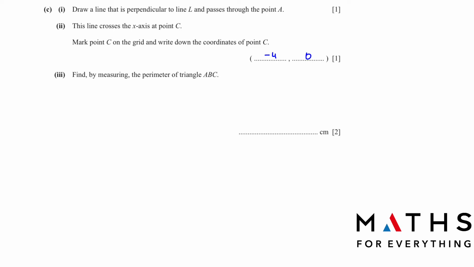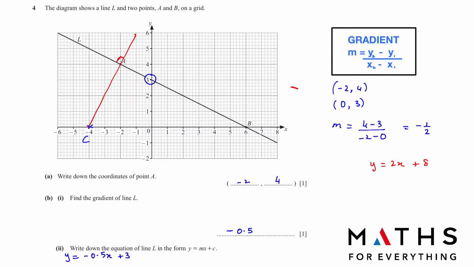Next, we have find by measuring the perimeter of triangle ABC. Okay, so we need to measure this. We will count the squares that are down. These are 4 squares here and 6 here. So the base is 10.